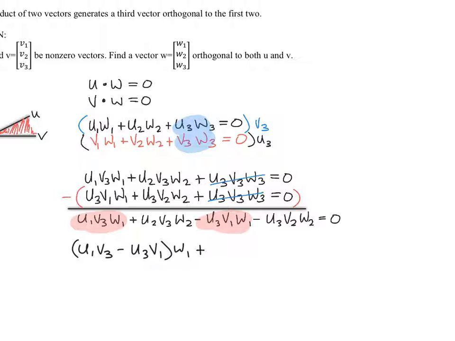And then plus the others, which would be U2 V3 minus U3 V2 times W2. The result is 0. So what we're getting is a linear combination of W1 and W2.